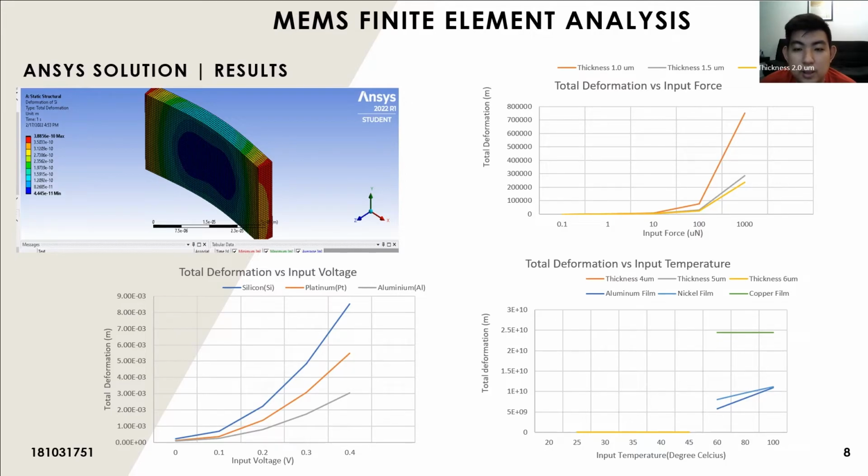As you can see, the thickness has no effect on the deformation, but the material does affect the deformation, and copper has the highest deformation and also a stable deformation. So that's all for me.